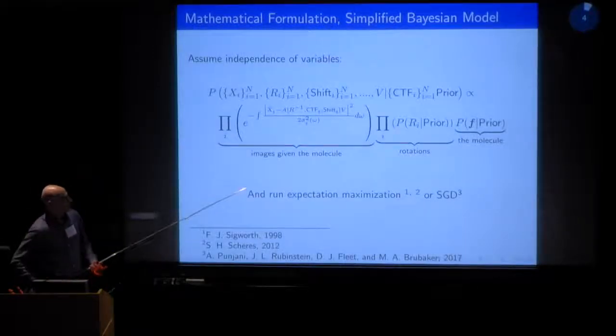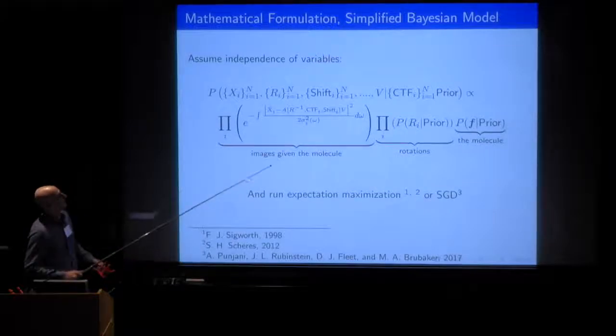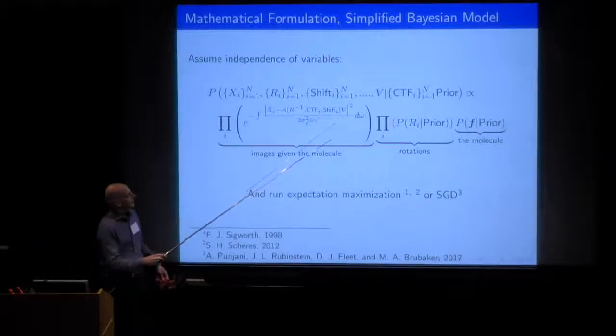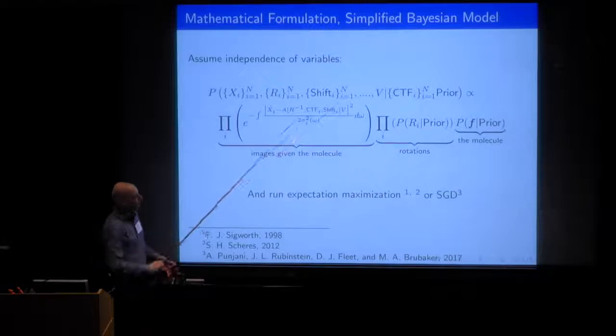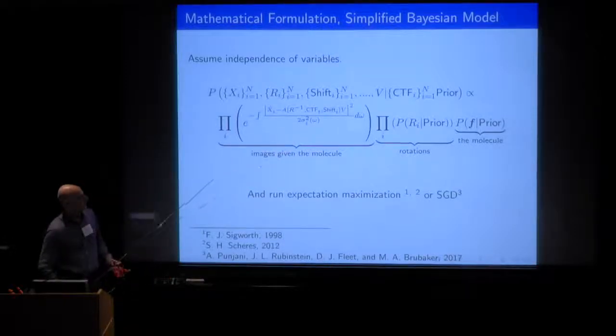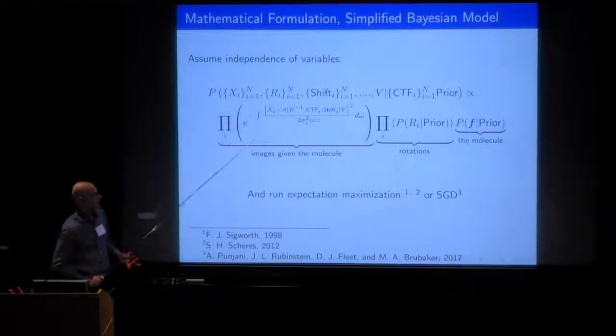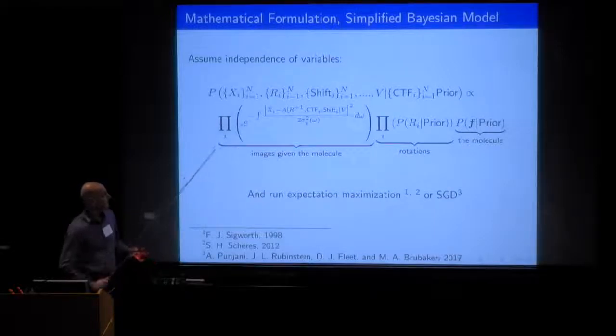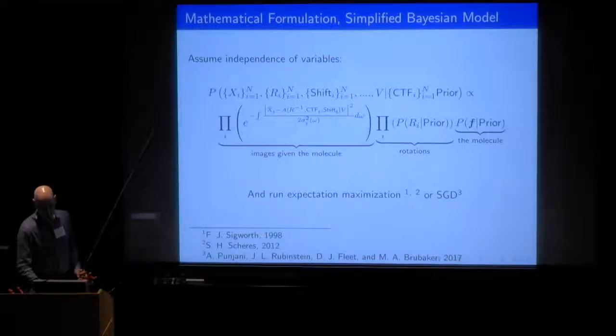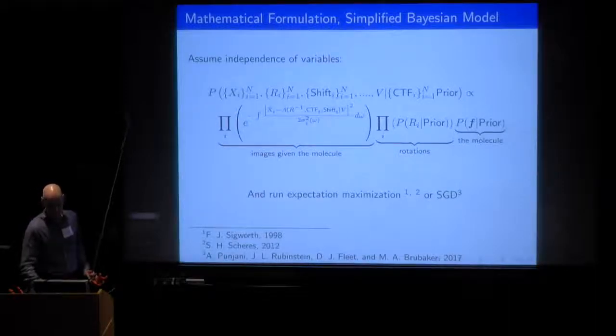And we can turn all of this into a big Bayesian model where we're trying to estimate the object with these latent variables. And then we run stochastic gradient descent, or we run expectation maximization.